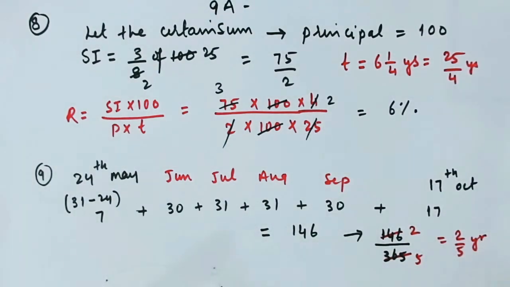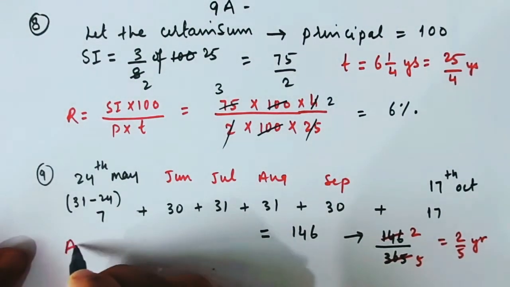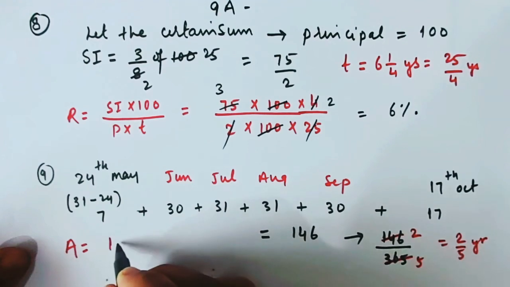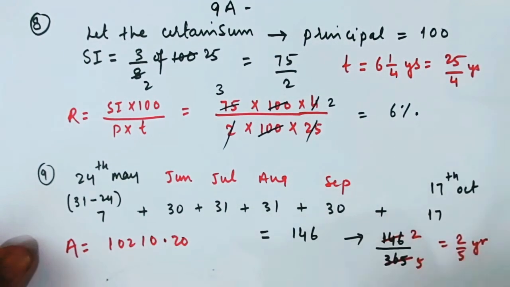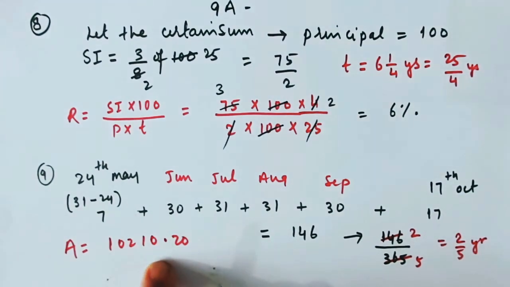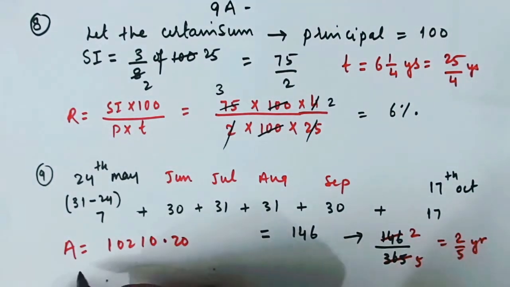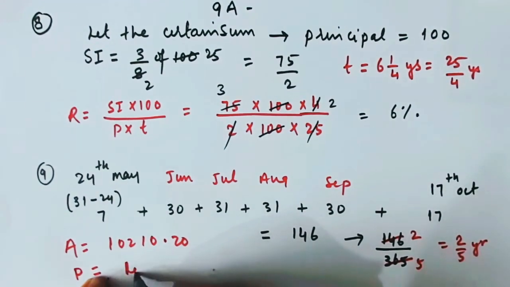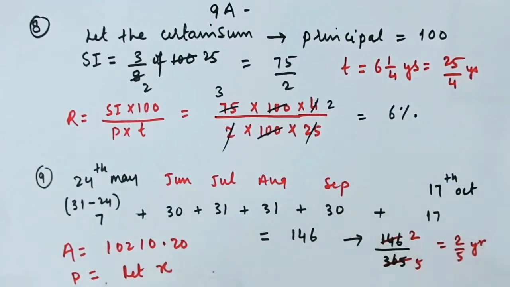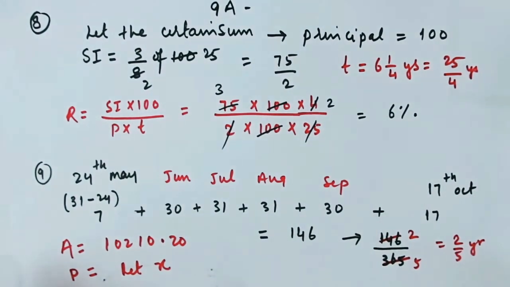What sum of money borrowed on 24th May will amount to so and so. Here they have given you the amount also, 10210.20. Since they have given you the amount, you will have to take the principal also. Principal you cannot take as 100, you will have to take it as x. Let the principal be x.